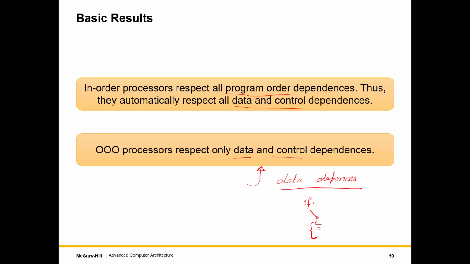And then we execute the branch corresponding to the if statement at a later point of time. And if that is fine, we don't do anything because we have anyway predicted it correctly. So in a certain sense, this data dependence is broken. But of course, control dependencies, which basically means that we need to always follow the correct path, all processors need to do, both in order as well as out of order.